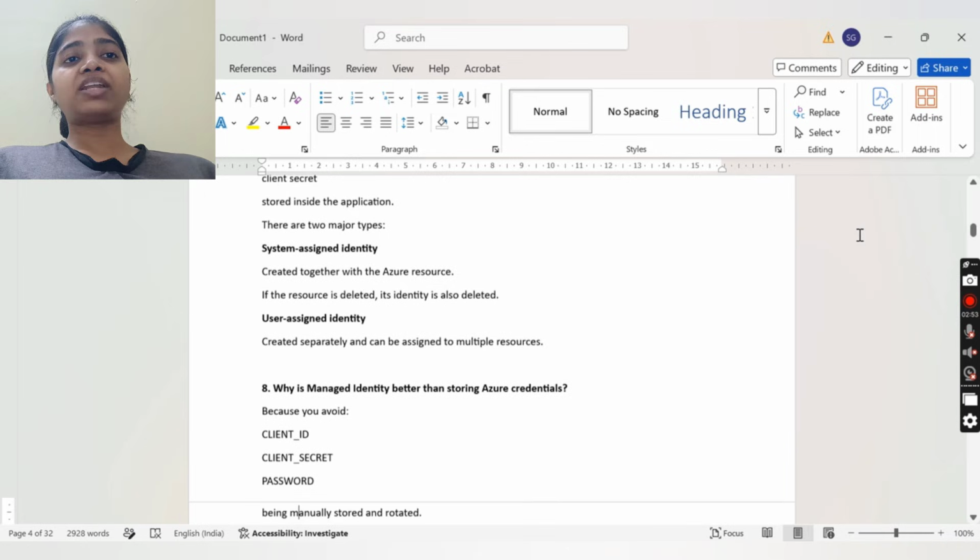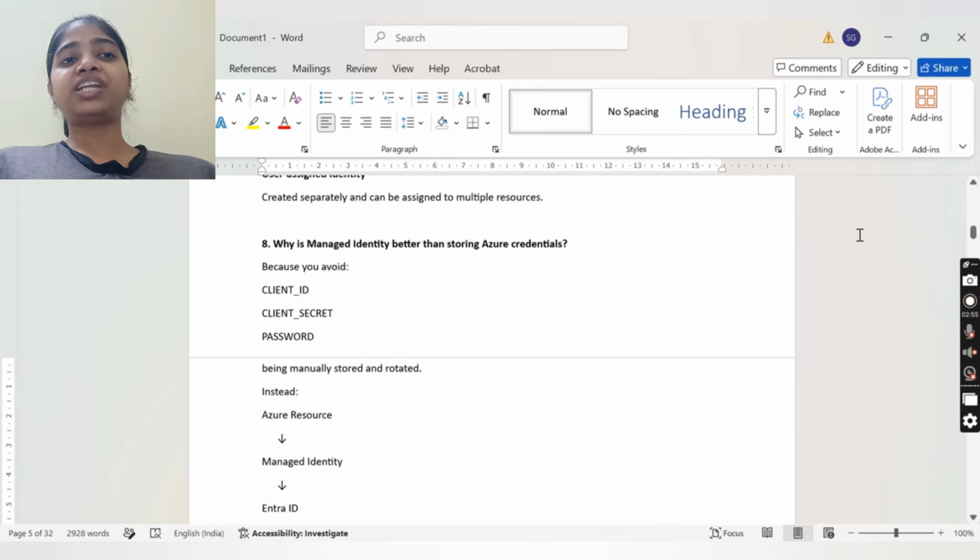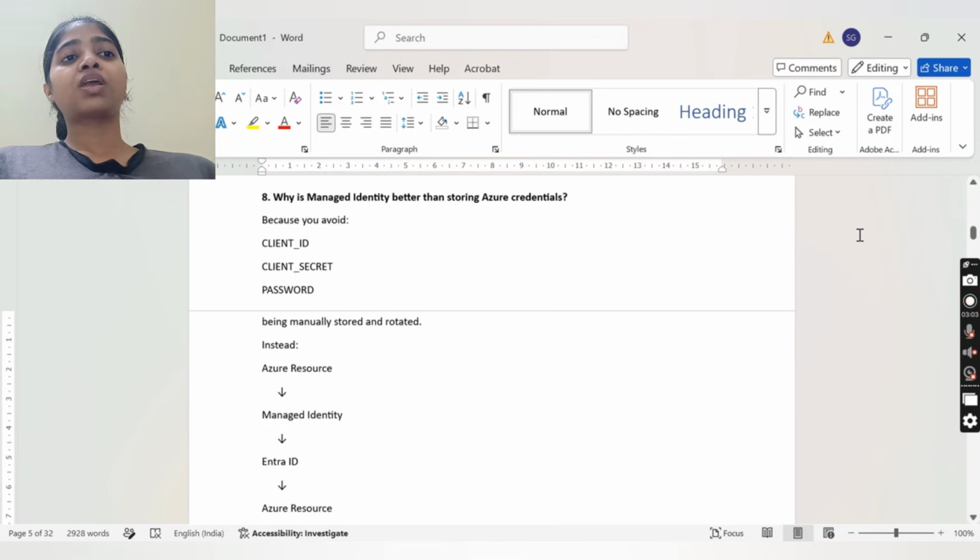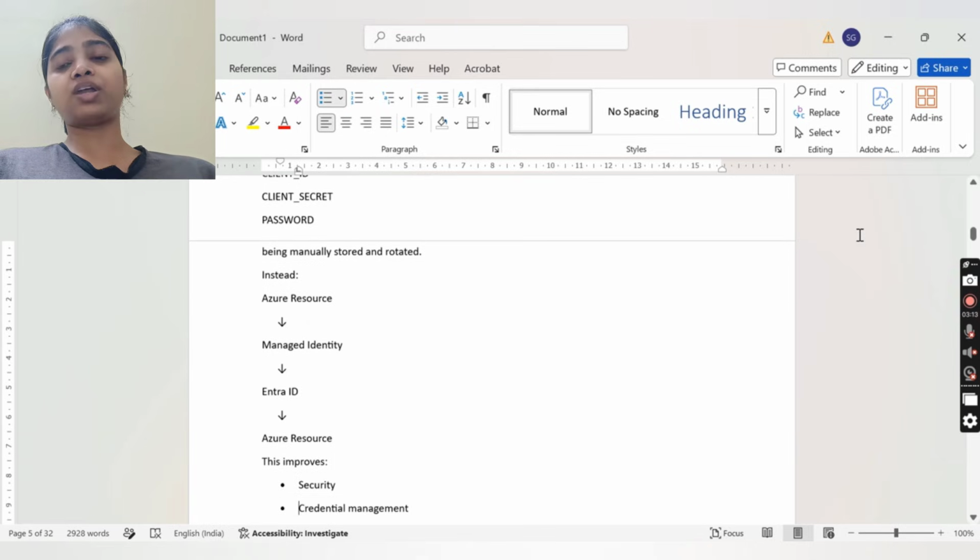Why is managed identity better than storing Azure credentials? Because credentials can be hacked or exposed, but with managed identity, credentials will not be compromised, since we are not using any credentials in that.